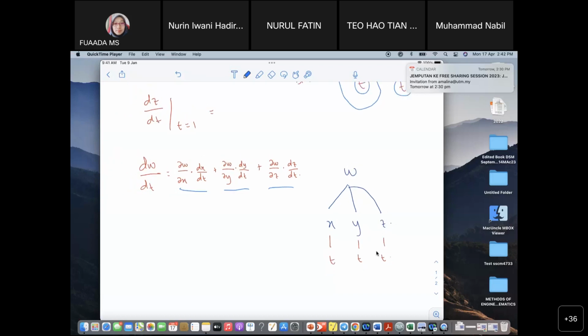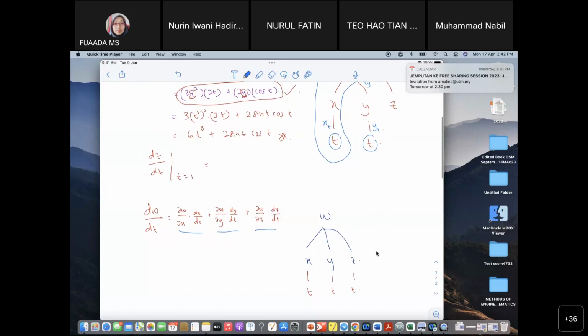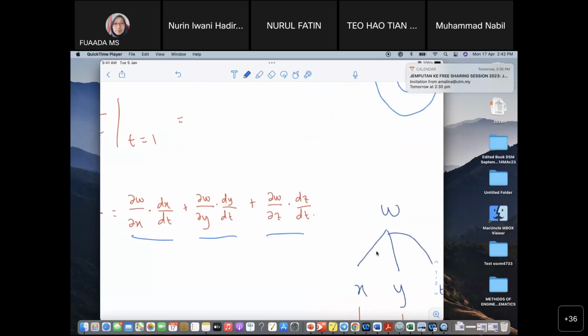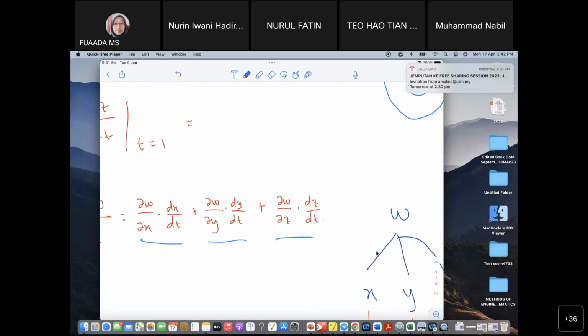Alright. Okay, now back to the question. So the question, what is the W that they give us? So I wrote here. In this case, W is given by XYZ. This is the function.